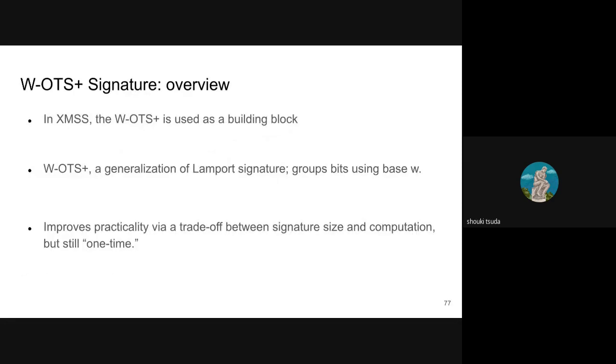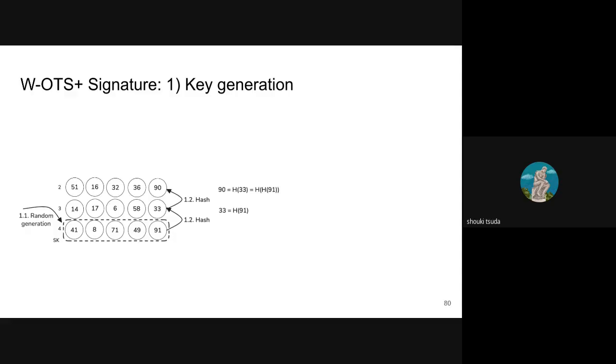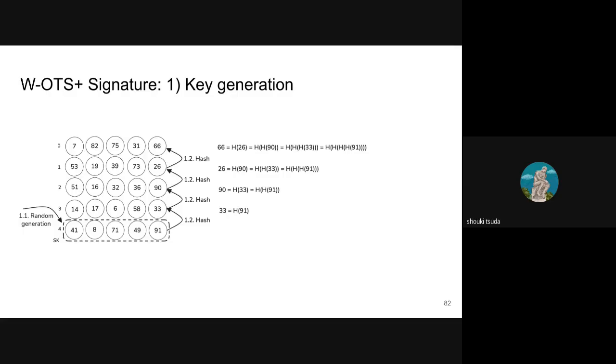Before we move on to XMSS, I want to talk about WOTS. OTS means one-time signature. XMSS uses WOTS+ as a building block. Here is the pro of WOTS+, of course, key generation. We have random numbers as a secret key and a hash for each layer: hash, and hash, hash, hash.